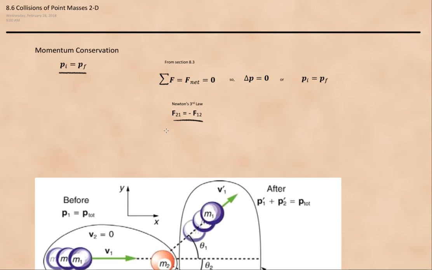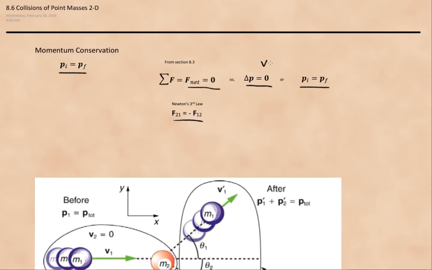If I define the system as the combination of masses, whatever force mass 1 exerts on mass 2, mass 2 will exert an exactly equal and opposite force on mass 1. And so the sum of the forces, or the net force on the system, is 0, which means the change in momentum is 0, which gives us momentum conservation. Again, momentum before the collision equals momentum after the collision.